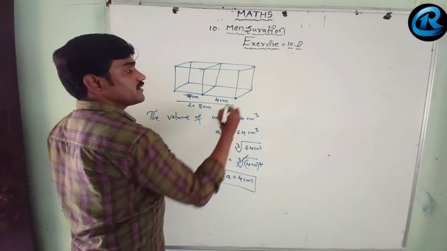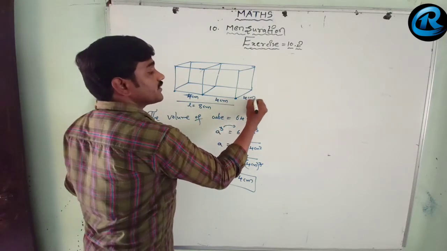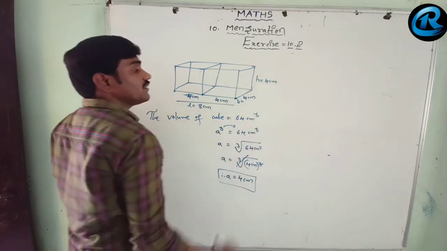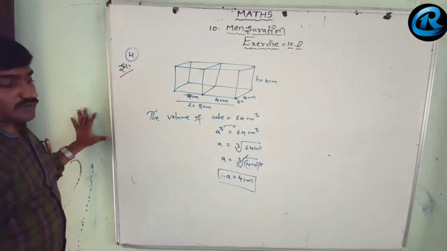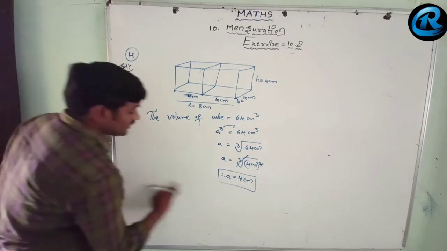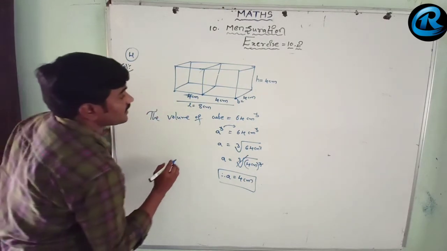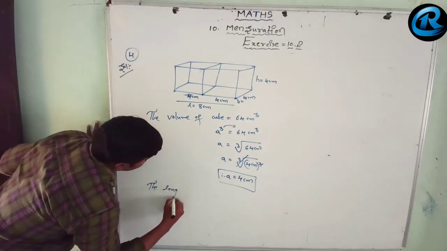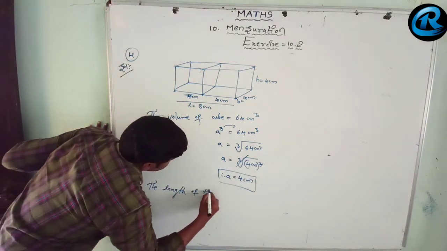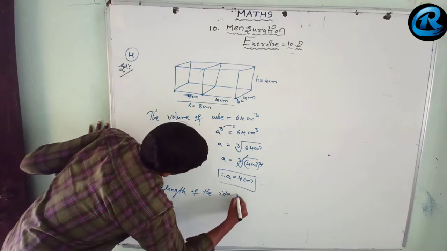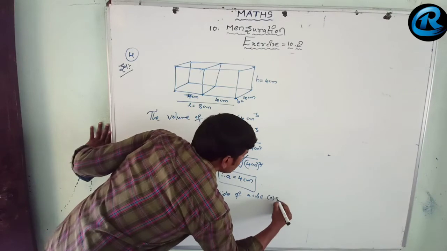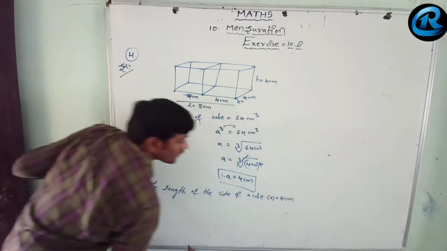The breadth will be 4 centimeter only, and the height also will be 4 centimeter only. Breadth and height remain the same. The length of the side of a cube, a, equals 4 centimeter.